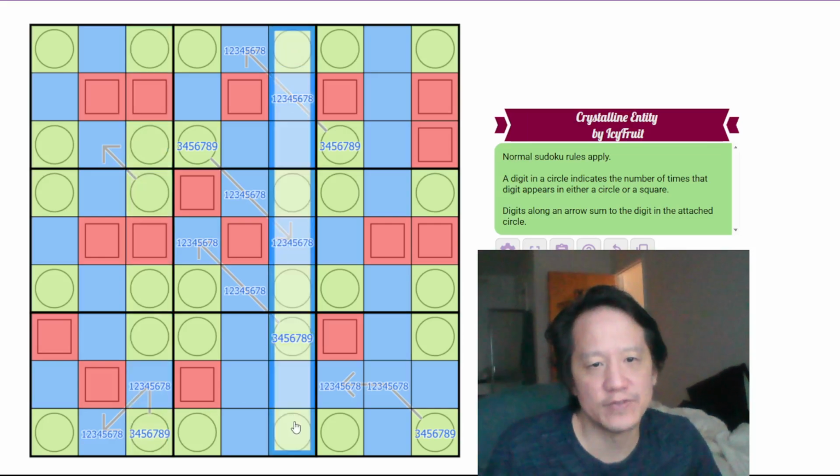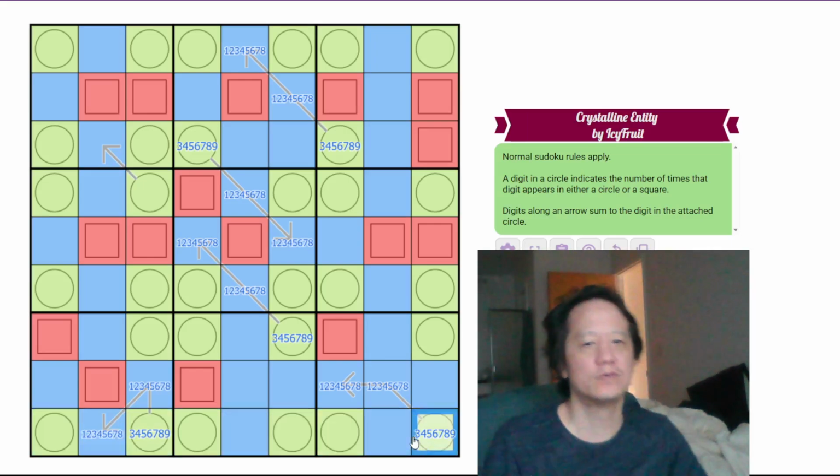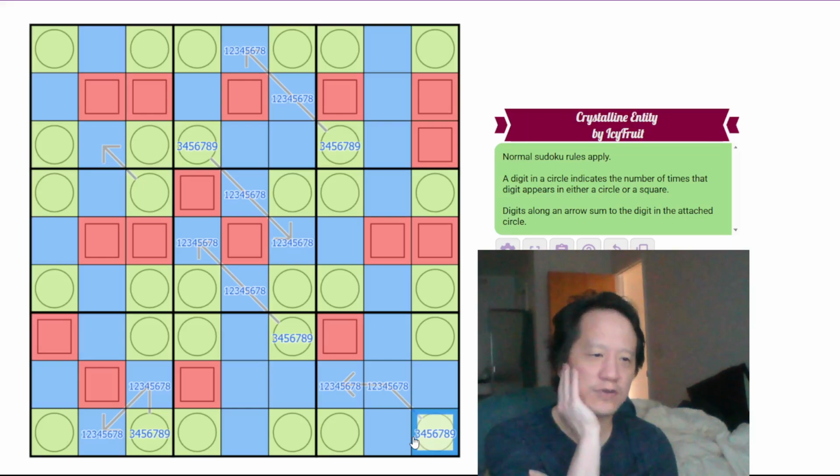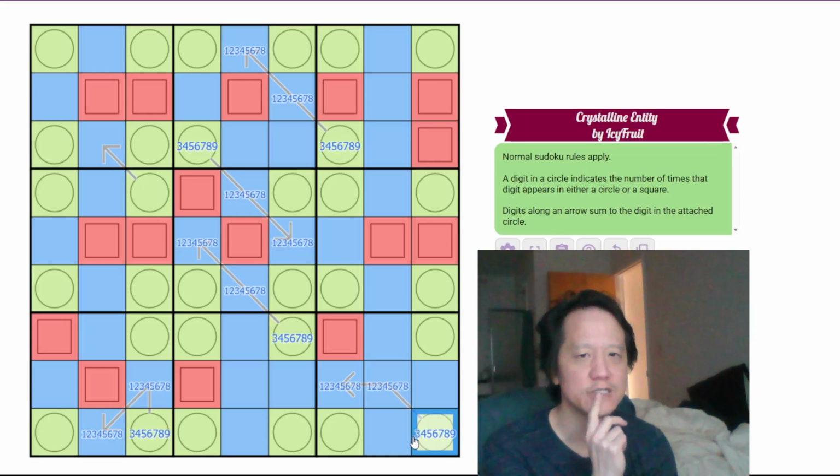There's 5 in that column. 5 circles. 6 in this row, 6 in this row. Can these all be the same? Is kind of a question, right? Kind of, yeah. Doesn't seem to be any real restrictions there.